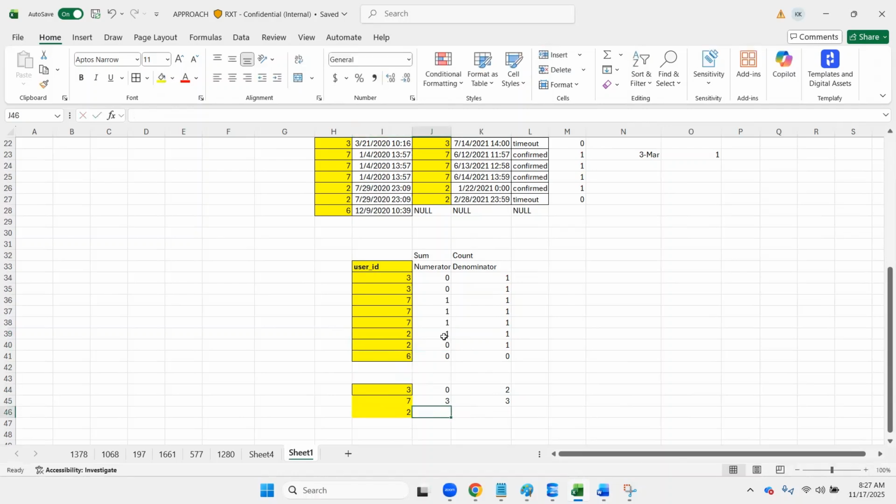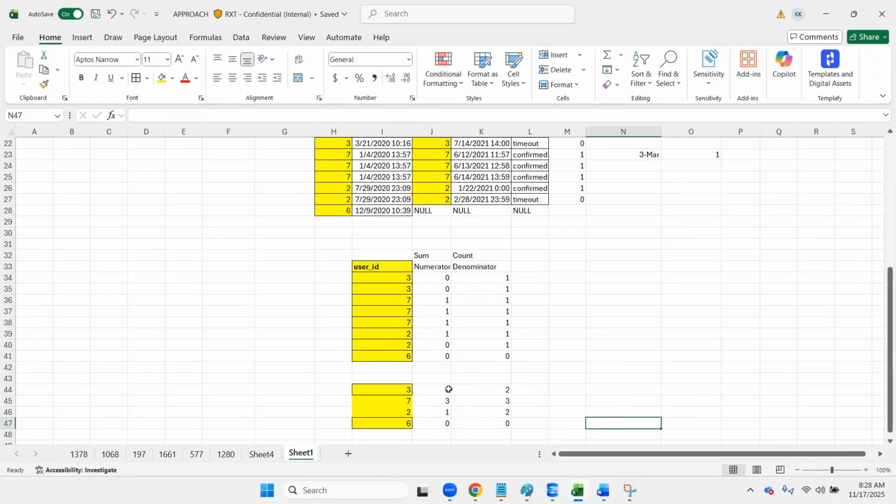So now if you do the count, you tried 2 times. Similarly, for user 6, the value is 0, so this is the 1.